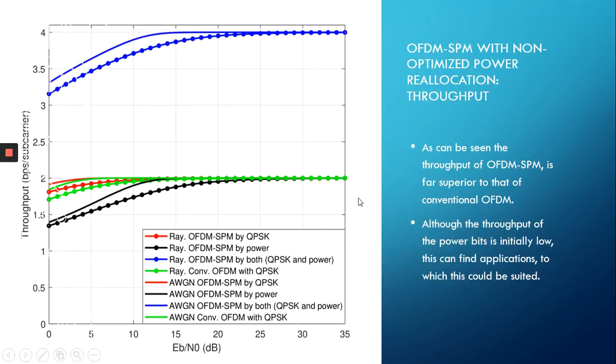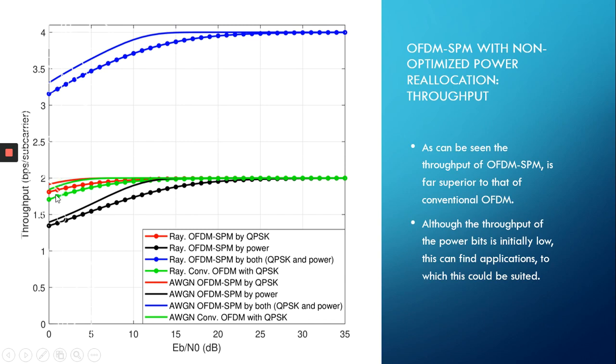Now coming to the throughput, where everything really shows a lot more clearly, you can see that the throughput of OFDM-SPM in a Rayleigh fading channel much outperforms that of conventional OFDM. And the same can be said for an AWGN channel as well, as you can see over here.